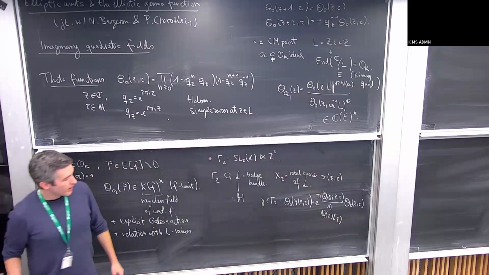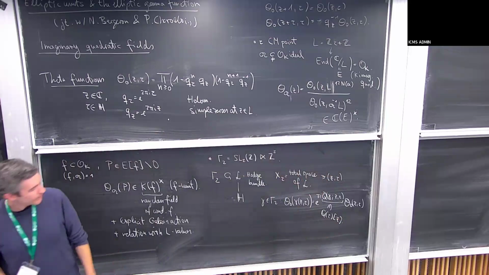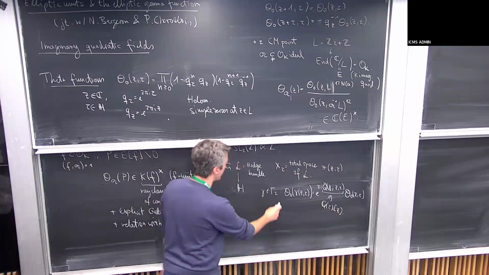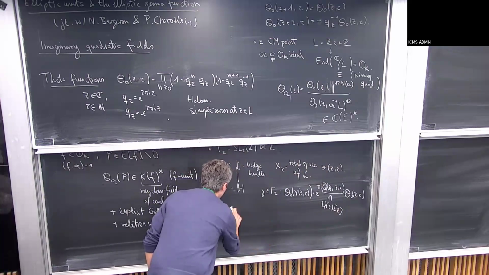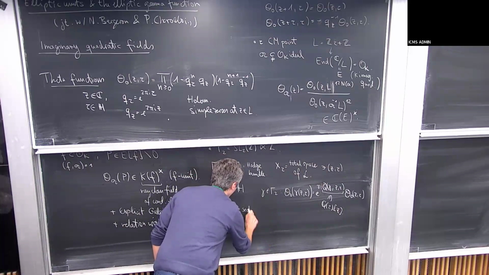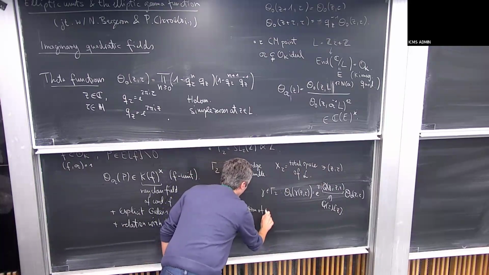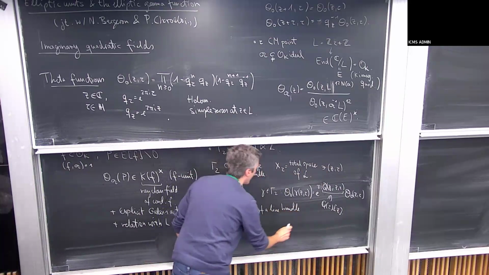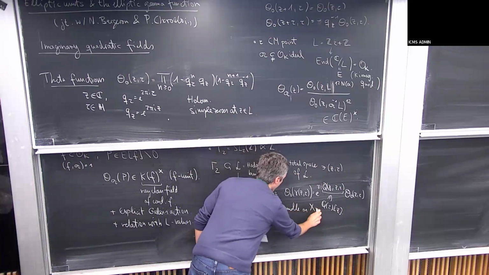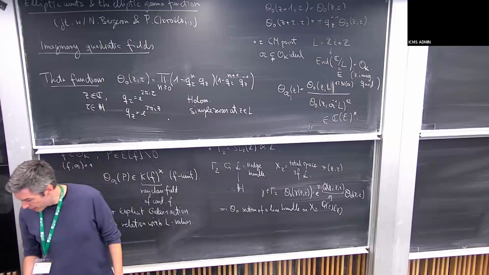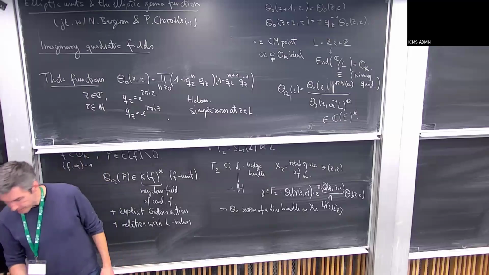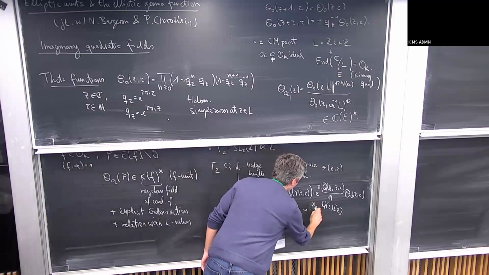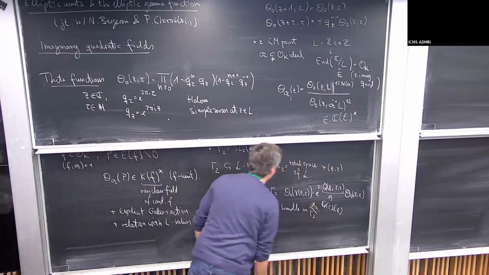So in fact, another way to rephrase this is that theta 0 is a section of a line bundle on X. And what is this line bundle?